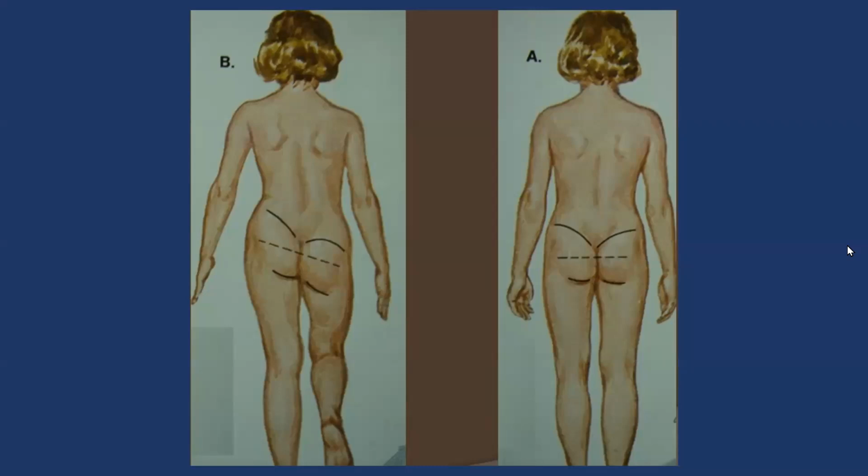It is lax due to the DDH, and as a result, it is inefficient to raise the pelvis up. This is the Trendelenburg sign, and they would also have a Trendelenburg gait.